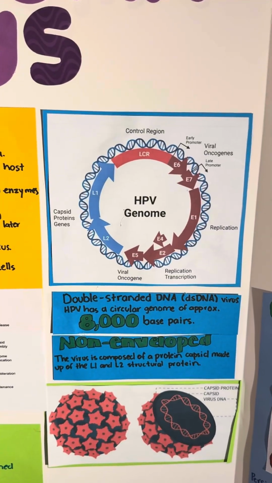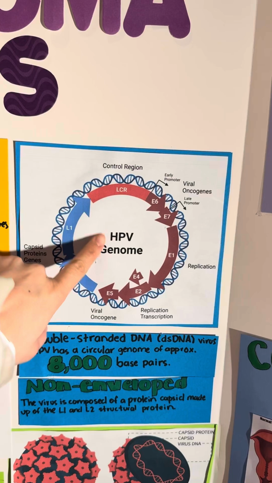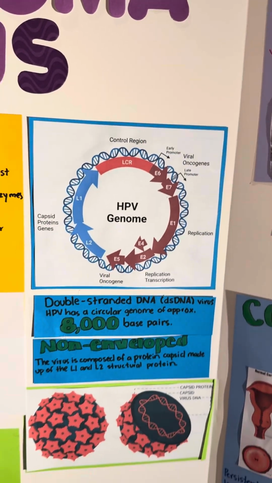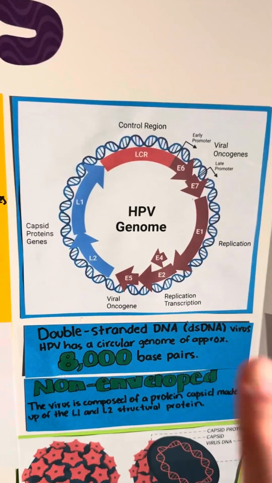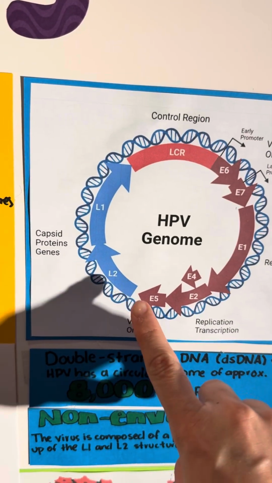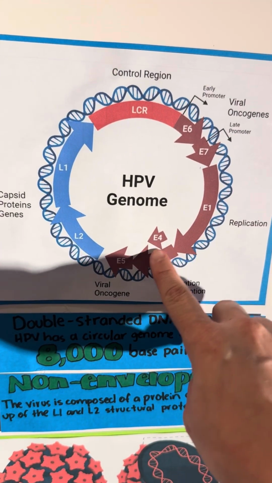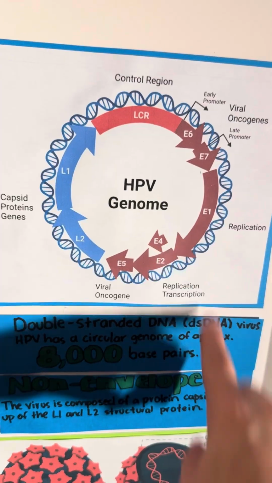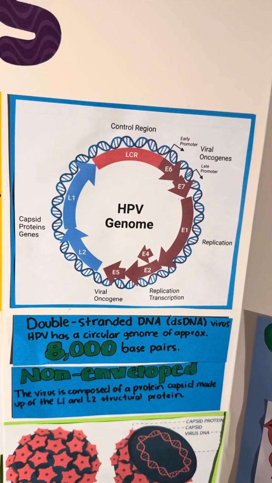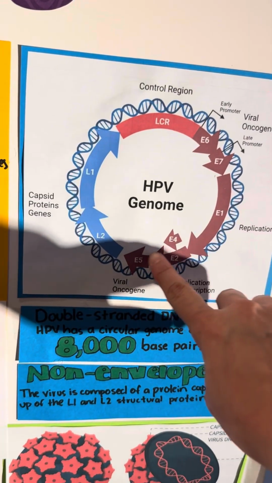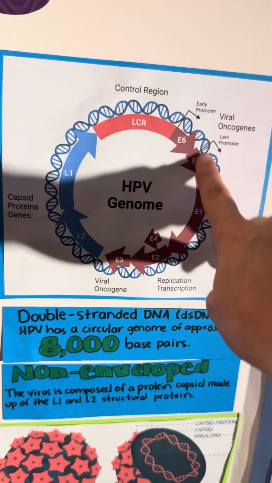Then I would like to show you the HPV genome, where we can find the E1, E2, E4, E5 genes, going all the way around in a circle.